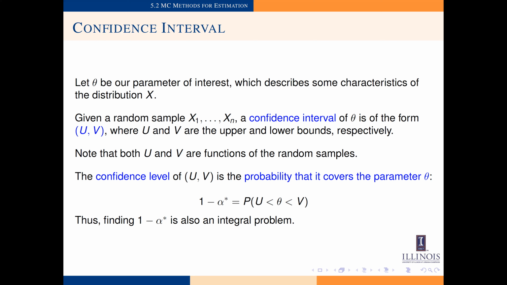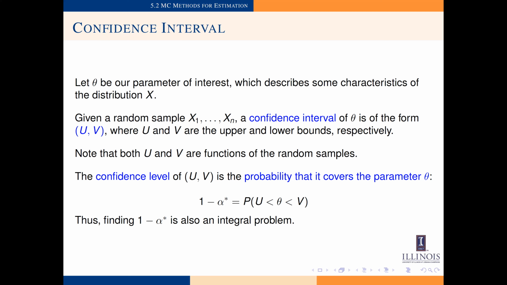We'll talk more about that next week. So the confidence level 1 minus alpha star is given by the probability that u is less than theta, which is less than v. In other words, the true theta value lies within this confidence interval.